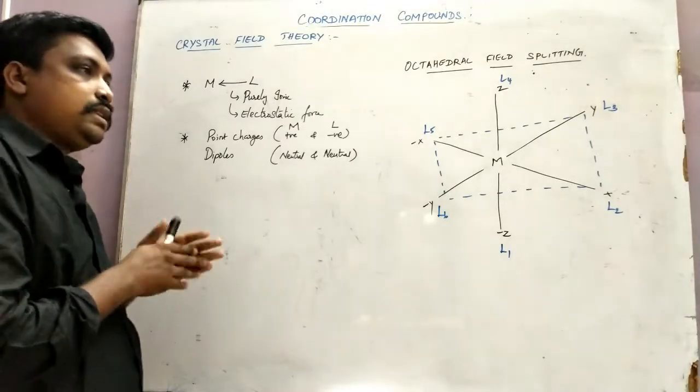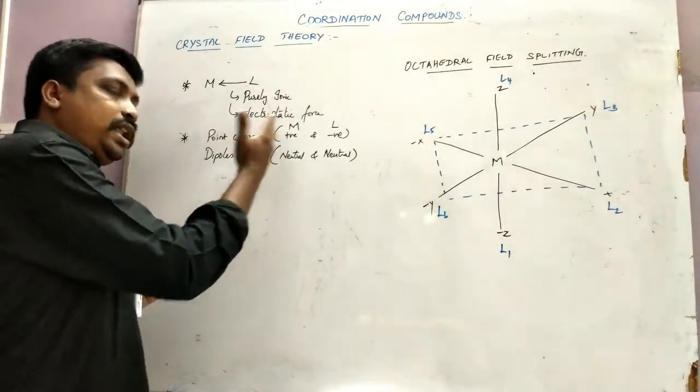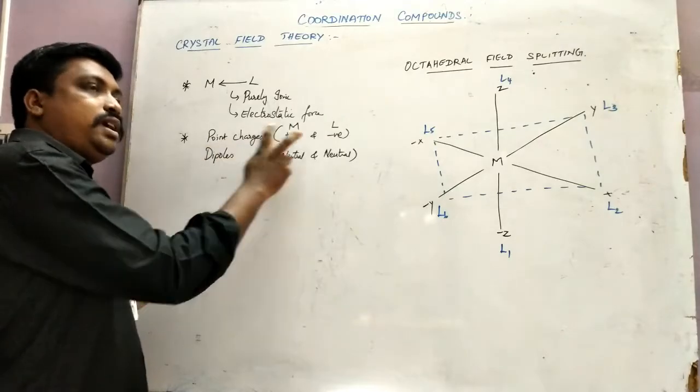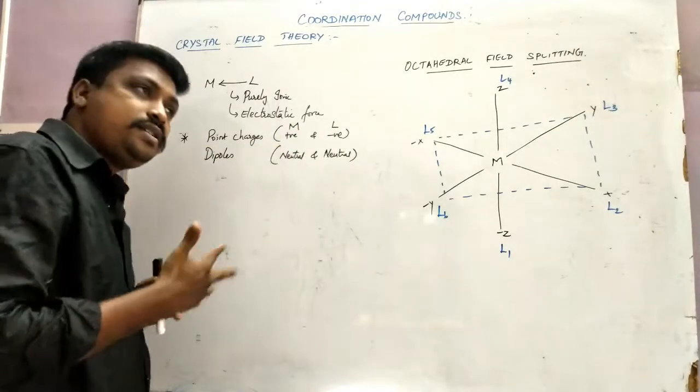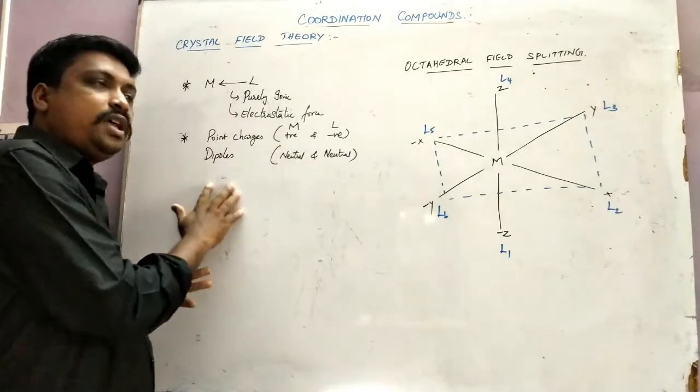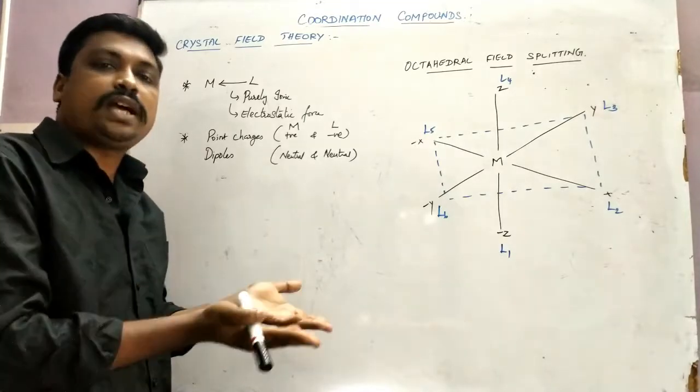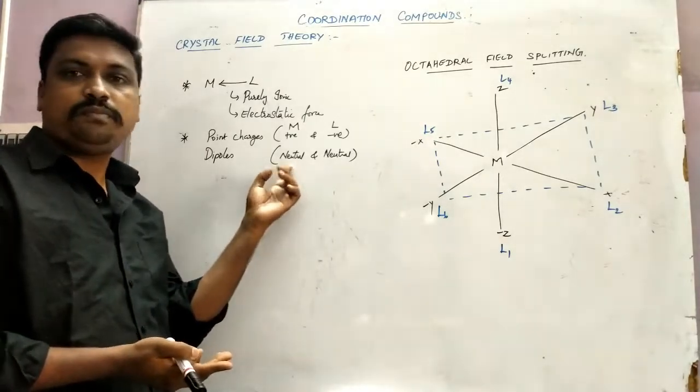It considers the metal as well as the ligand as point charges if they are charged, and as dipoles when they do not have charge.